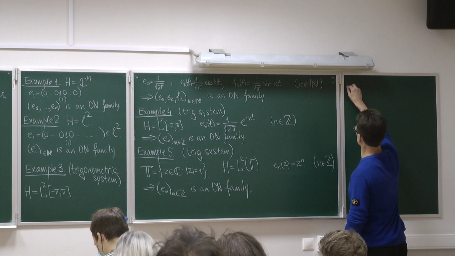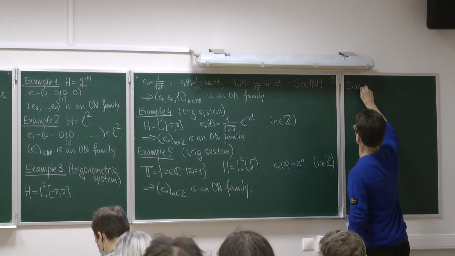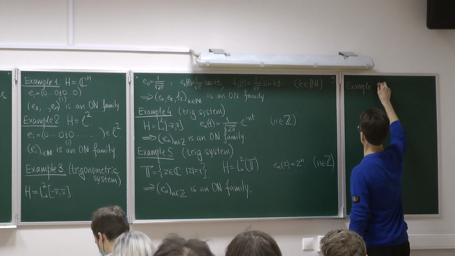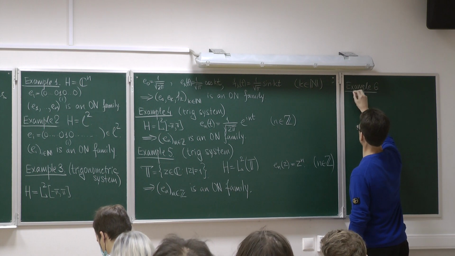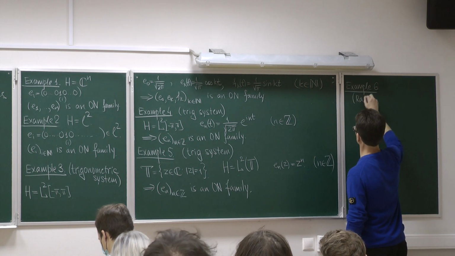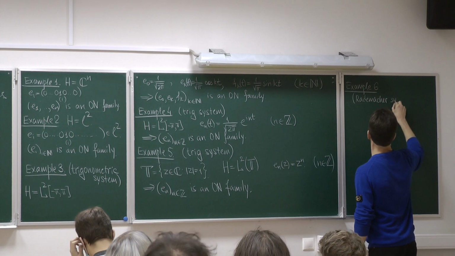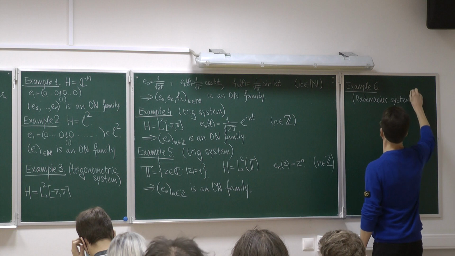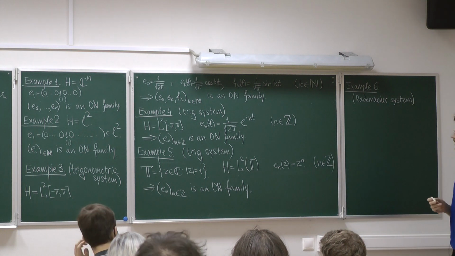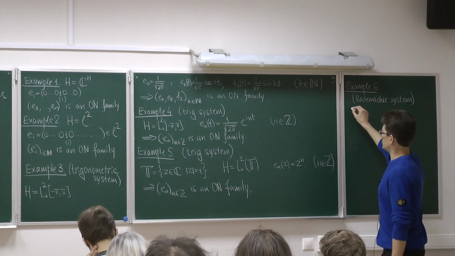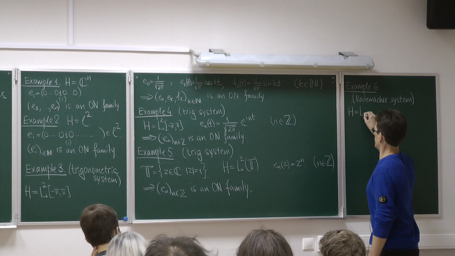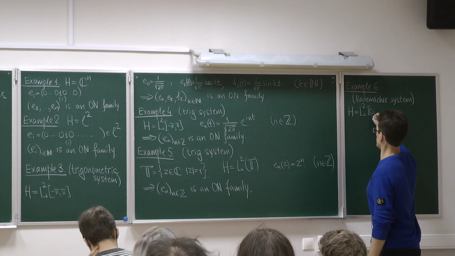Okay, example 6. This is now something different. This is the Rademacher system. Now the Hilbert space H is L2 on the interval 0, 1.